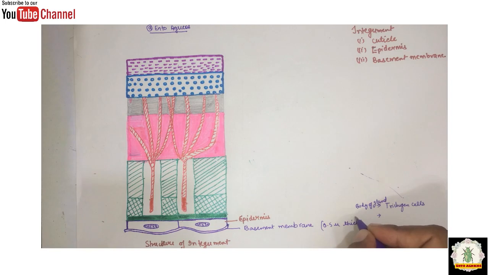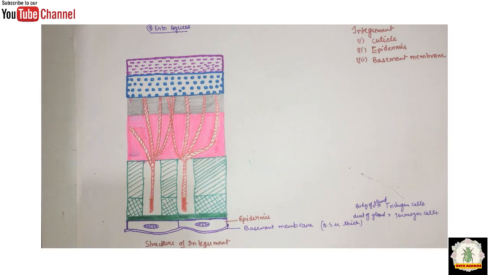And the duct of the gland is formed from tormogen cells. Also, the epidermis has the peristematic glands that are responsible for the hydrophobic properties.